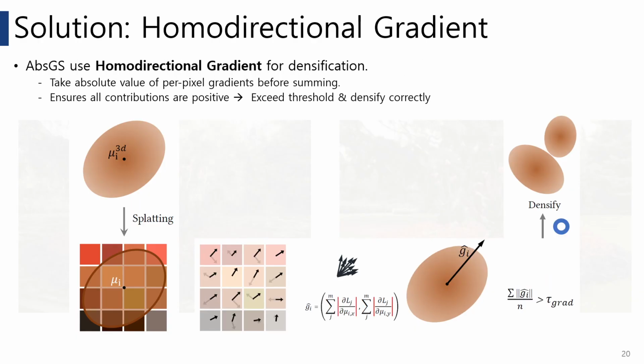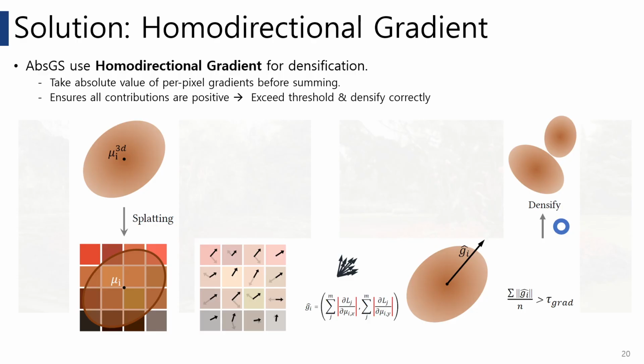The core idea of the homodirectional gradient is remarkably simple yet effective. Instead of directly summing the per-pixel gradient, AbsGS first takes the absolute value of each per-pixel gradient before summation. By doing this, as shown in the new diagram, all gradient contributions are forced to be in the same direction.